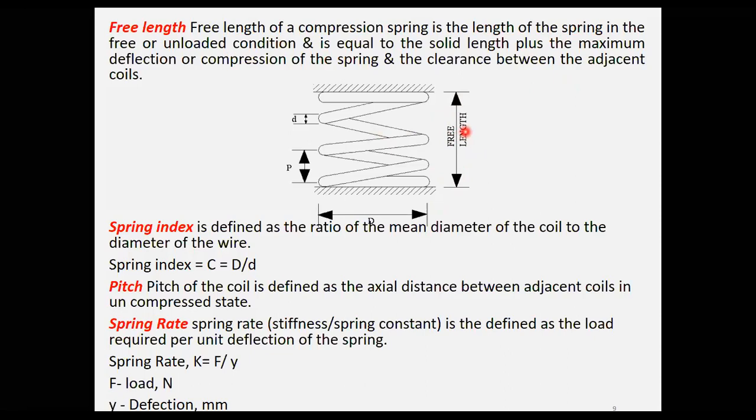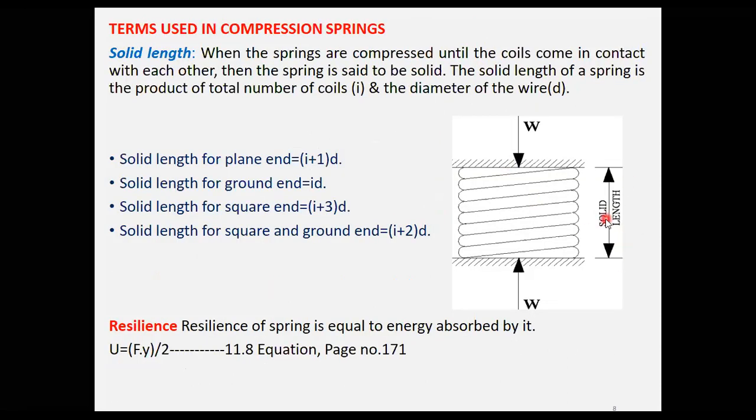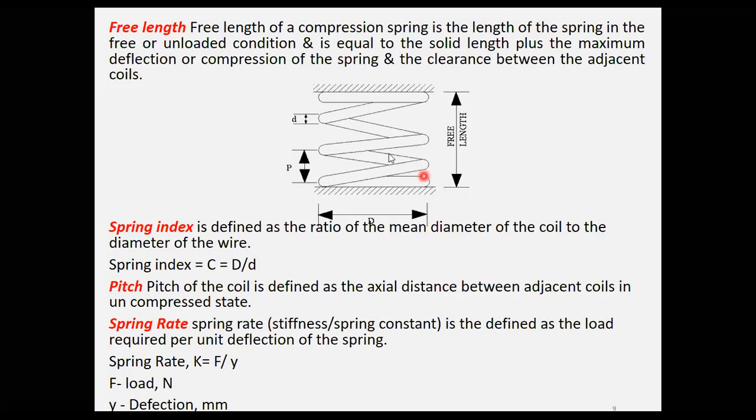How are you going to measure that free length? To measure that, you should know the solid length of that spring. Here you know how to calculate the solid length. Free length is equal to solid length plus maximum deflection.